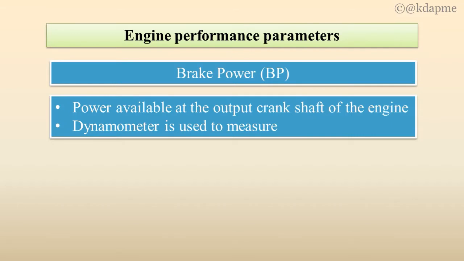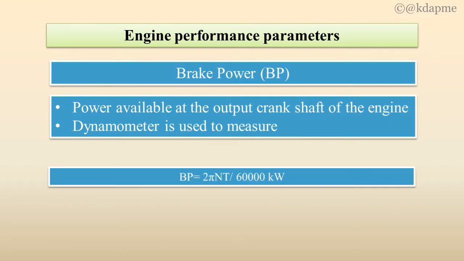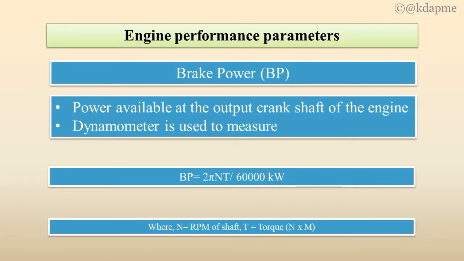Now the equation for brake power: brake power is equivalent to 2 pi NT by 60,000 kilowatt. Again I am repeating, brake power is equivalent to 2 pi NT divided by 60,000, and you will get this in kilowatts, where capital N is the revolutions per minute of the shaft, which we just need to calculate, and T is the torque.